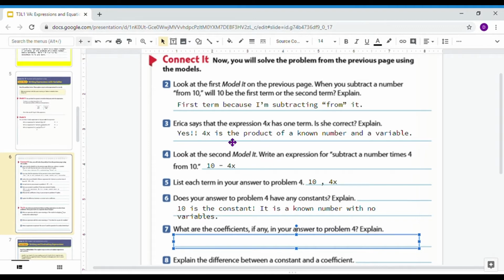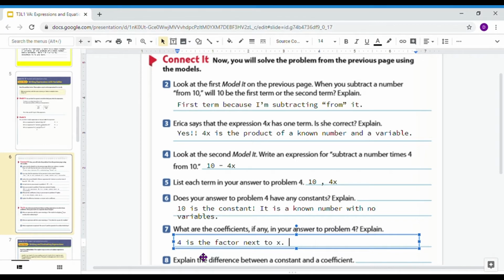So if I go back to my number 4 and I see a variable term, and that means that's a term that has a variable or letter. So over here, 4x, and then what's my coefficient there? So what's the number? So the coefficient is 4. And I know that because it's the factor next to x.